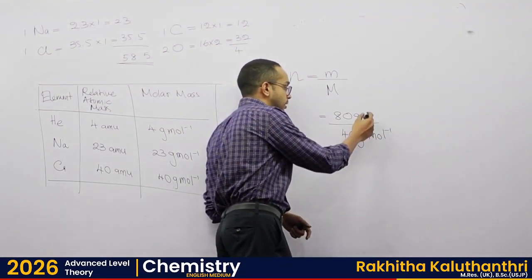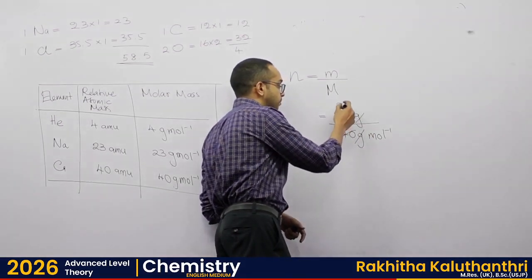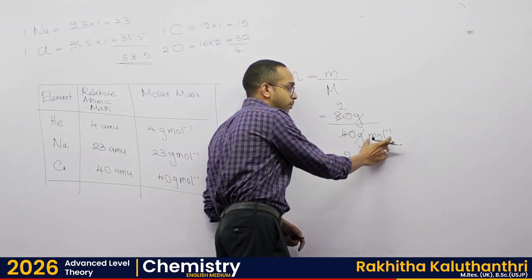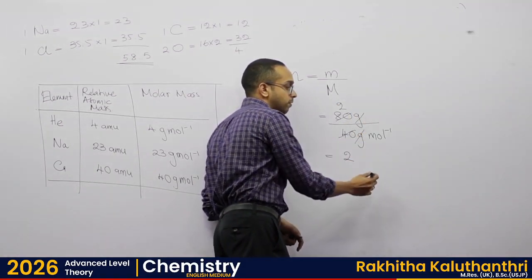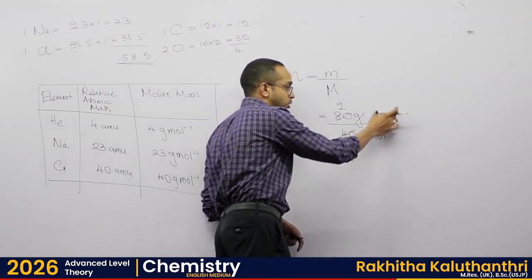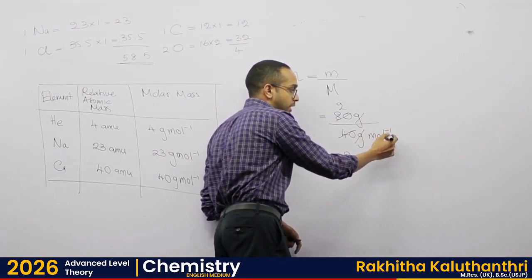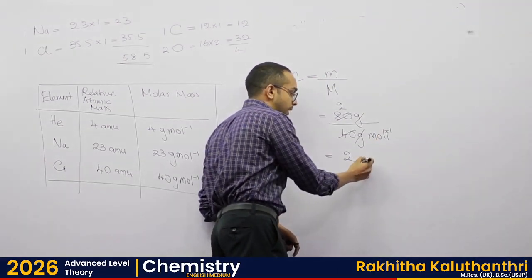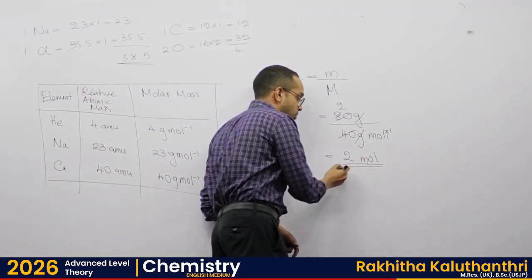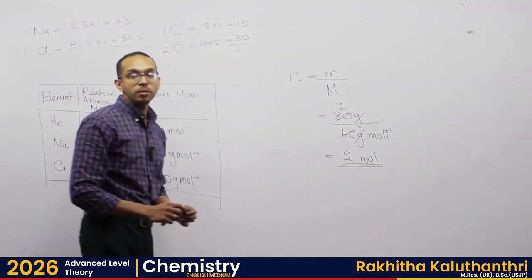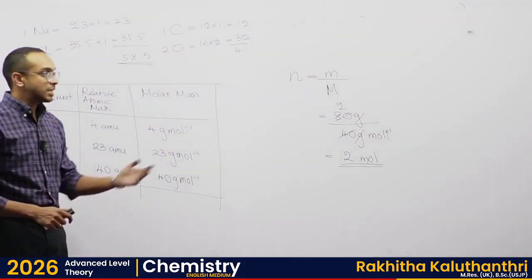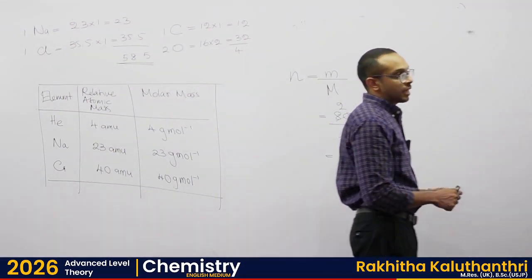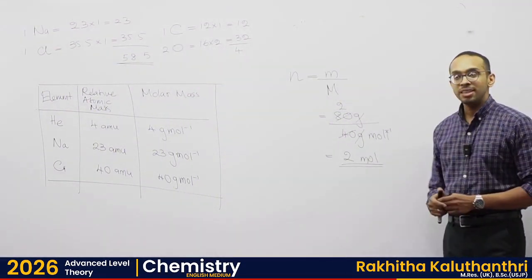Anyway, you can see these cancel off. The answer is 2, and this per mole part, when it comes from the denominator to the numerator, the sign changes. Minus sign changes to plus. So the answer will become 2 mole. Is that clear? So basically we have now calculated the number of moles of calcium in 80 grams of calcium.